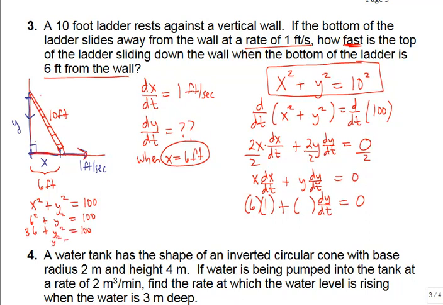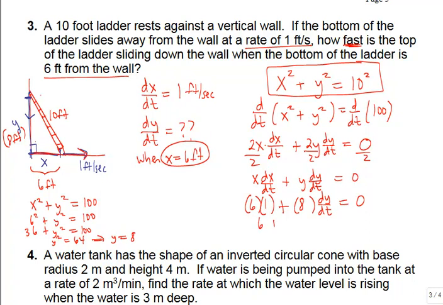So when I subtract 36 over to the other side, I get 64. And when I take the square root of both sides, I'm going to just take the positive answer, but that would force y to be 8. So this is a 6, 8, 10 right triangle. So this will be 8 feet when x is 6. So I can plug in 8 for this y. And now I have enough information to be able to solve for that dy/dt that we were looking for.